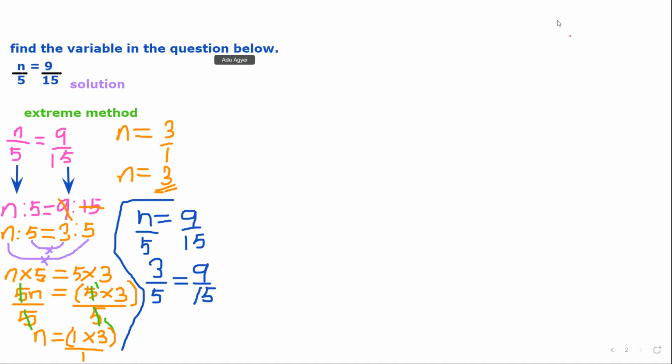Then you have to reduce these fractions here, but you check that 3 over 5 is already in its simplest form. Then you check the other side.